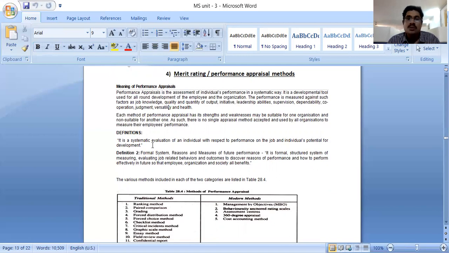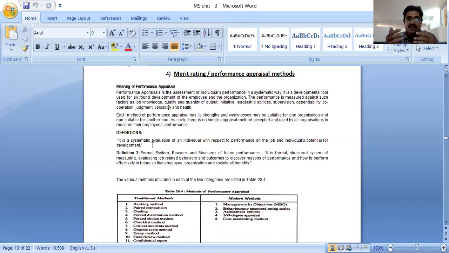Placement means just giving a place to the new candidates in the organization, and we should also conduct the induction program for the new candidates. Induction program means interaction of the new candidate with the existing employees, right?